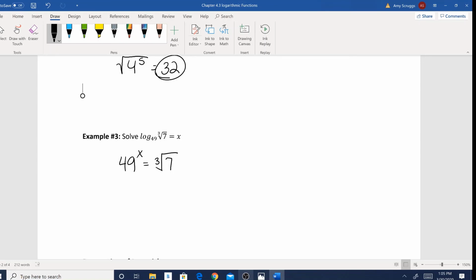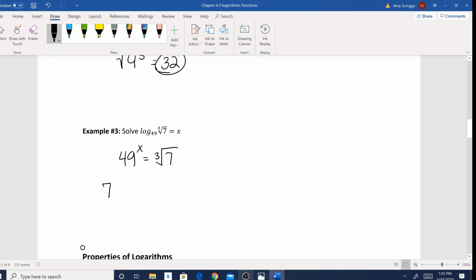I'm looking at the 49 and the 7, and what I notice is that 7 raised to the second power, 7 squared, is the same thing as 49. So I can change that 49 to have a base of 7. And then right here, I can rewrite this as 7 raised to the 1/3 power, because radicals can be rewritten as a fractional exponent.